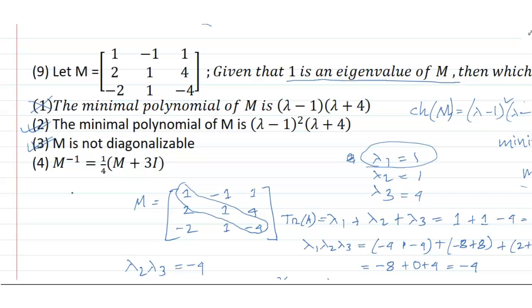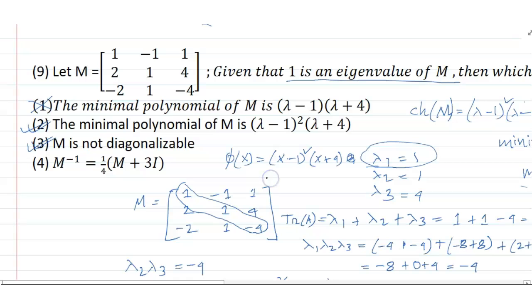Now our characteristic equation, if you see that characteristic equation phi(x), is equal to (x minus 1) whole square into (x plus 4).